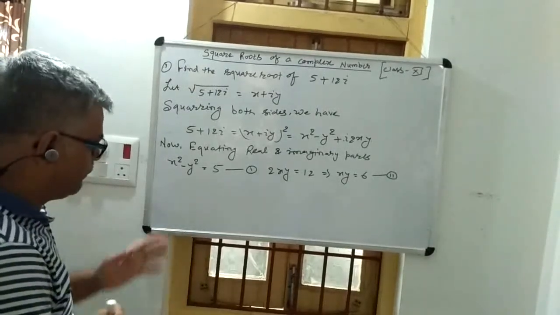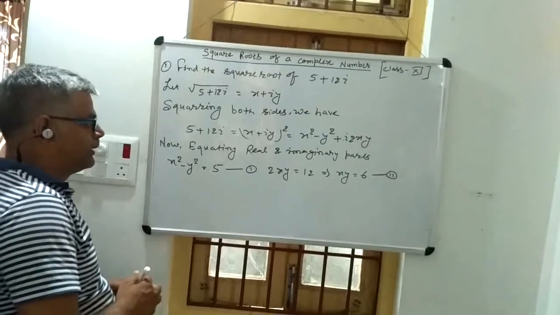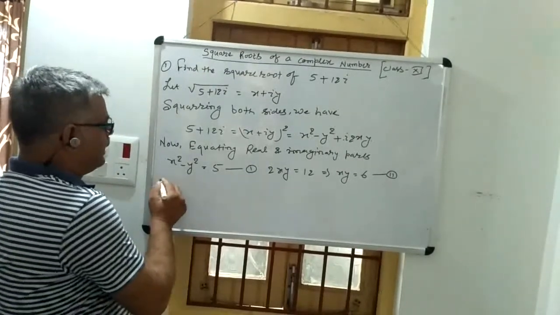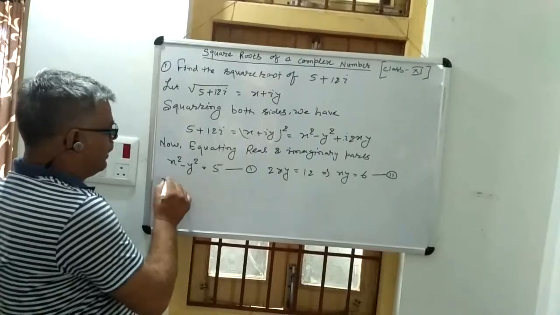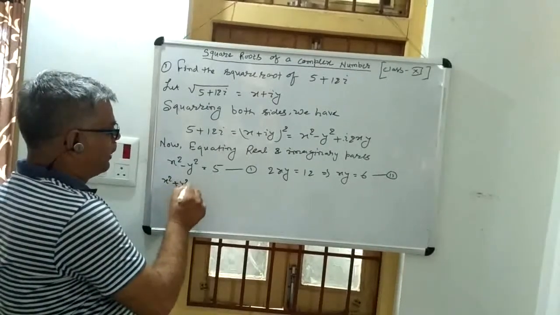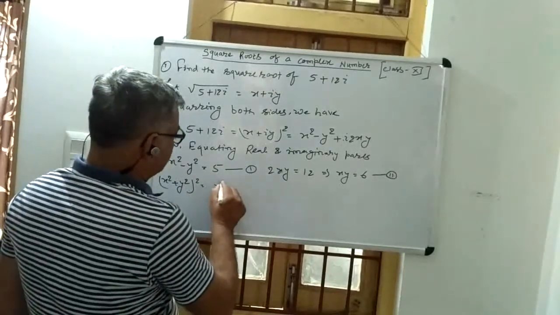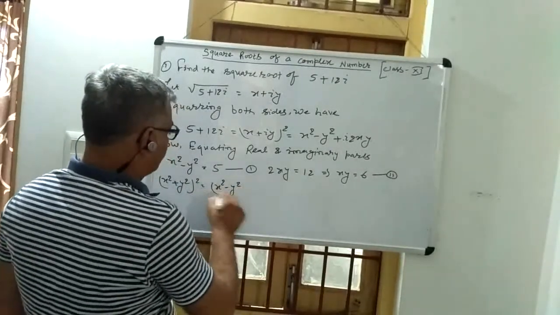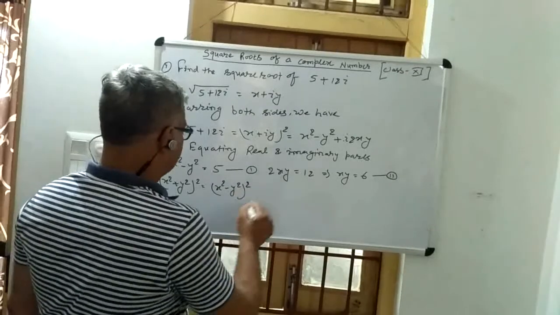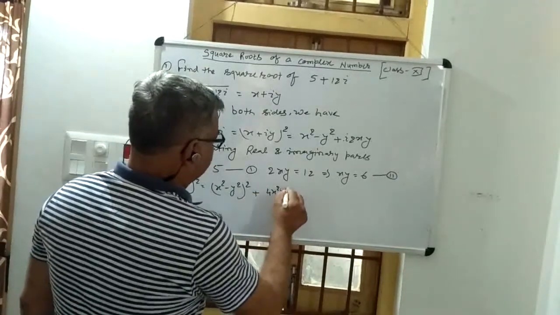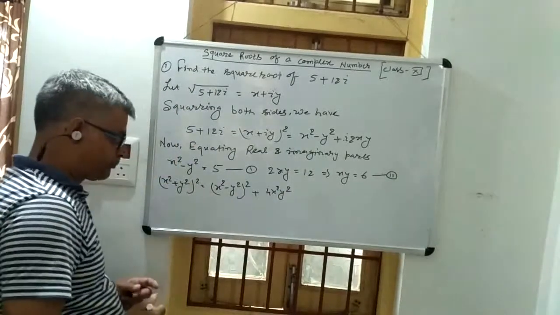Now since we have the value of x square minus y square equals 5, we need to find the value of (x square plus y square) whole square, which equals (x square minus y square) whole square plus 4x square y square. This is a formula.